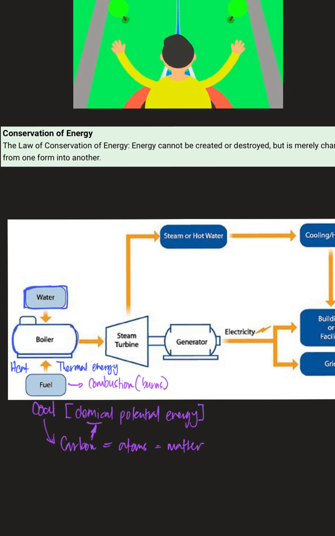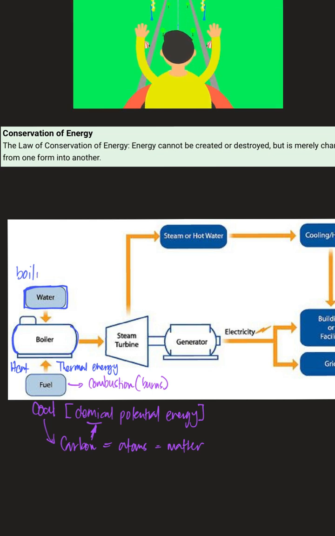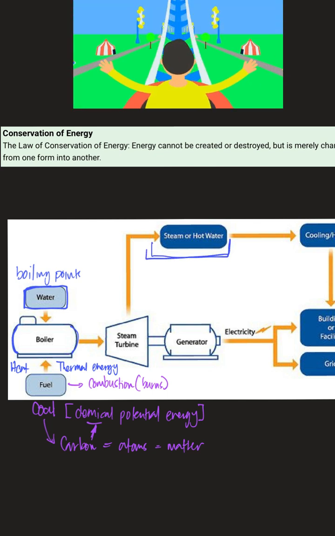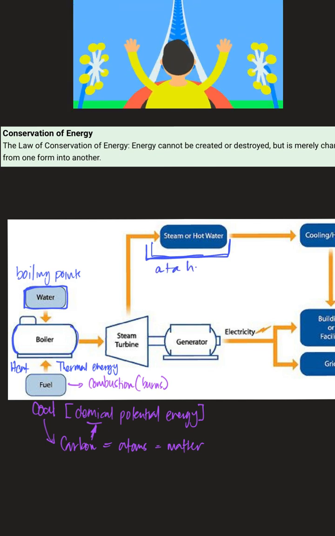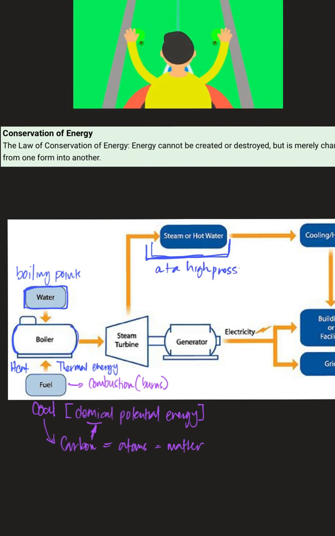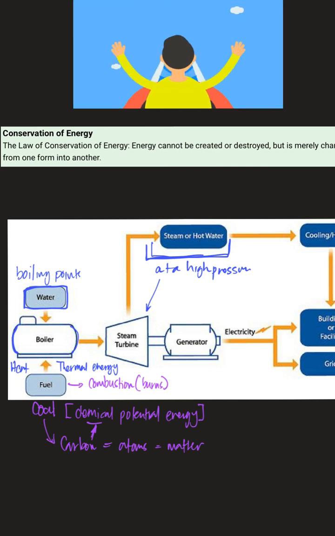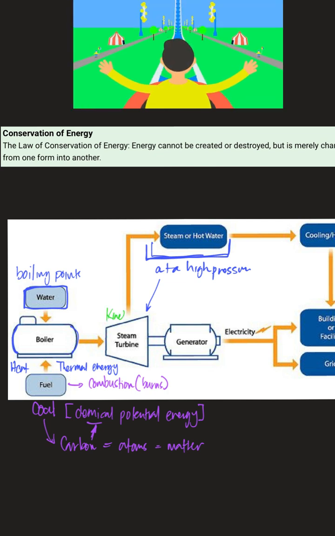Now I know that if I heat up water, the water will eventually reach boiling point, and when it does, I'm going to end up with steam. This steam is at a high pressure, and it starts to turn the turbine. Once the turbine starts to turn, in the steam turbine I'm going to find myself with kinetic energy.